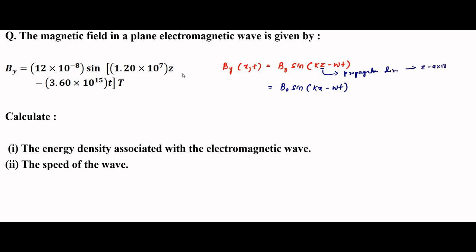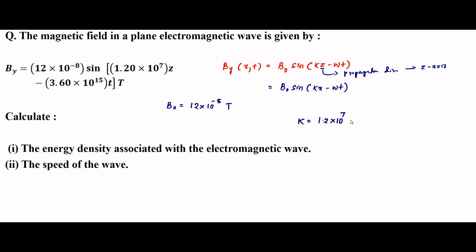The peak amplitude B0 of the magnetic field is equal to 12 × 10^-8 Tesla, and this wave number k is equal to 1.2 × 10^7.